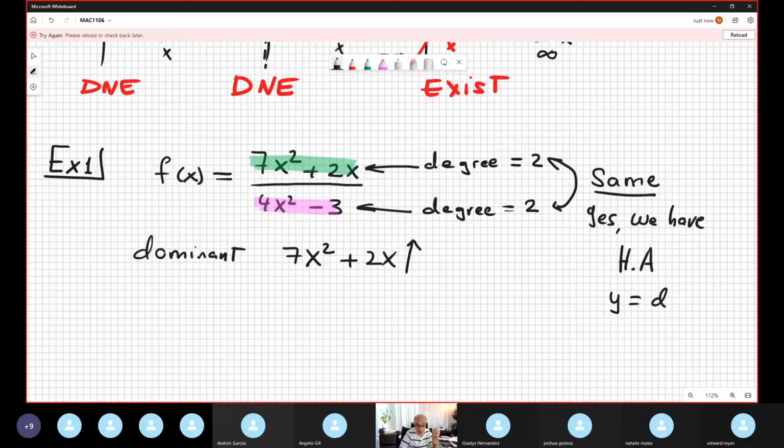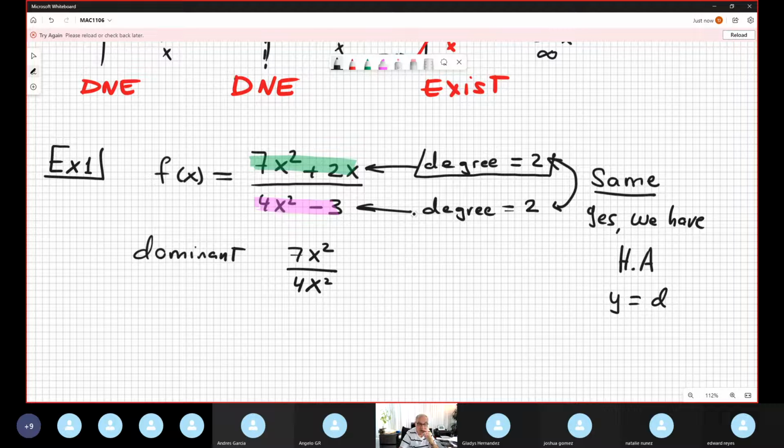It's a huge number, right? But this one increases faster because it's a square. So the higher exponent, the degree, is the dominant. So the dominant in the top is obviously 7x squared, and the dominant in the bottom is 4x squared.